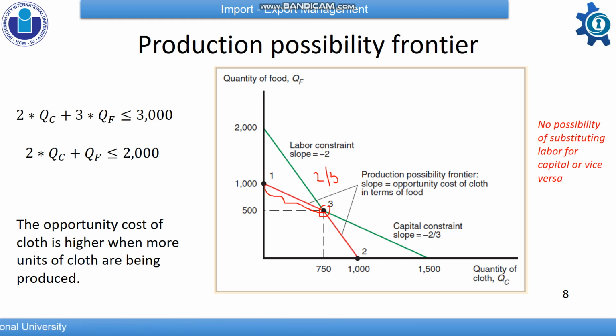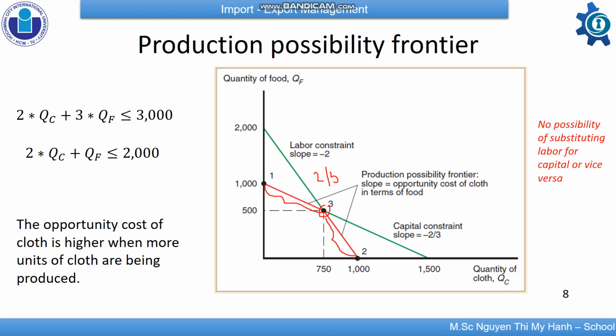And when the economy produces mostly cloth, at all the points on the right side of point 3, the opportunity cost of cloth is 2.